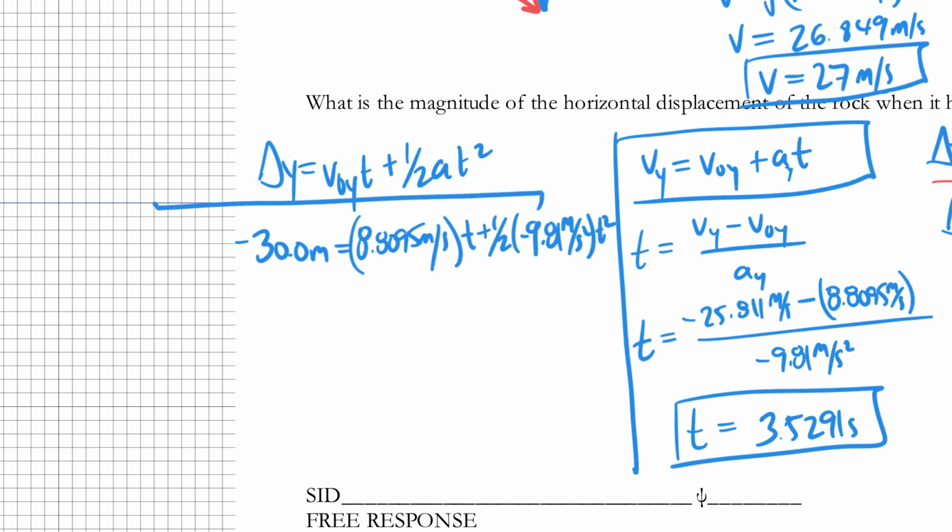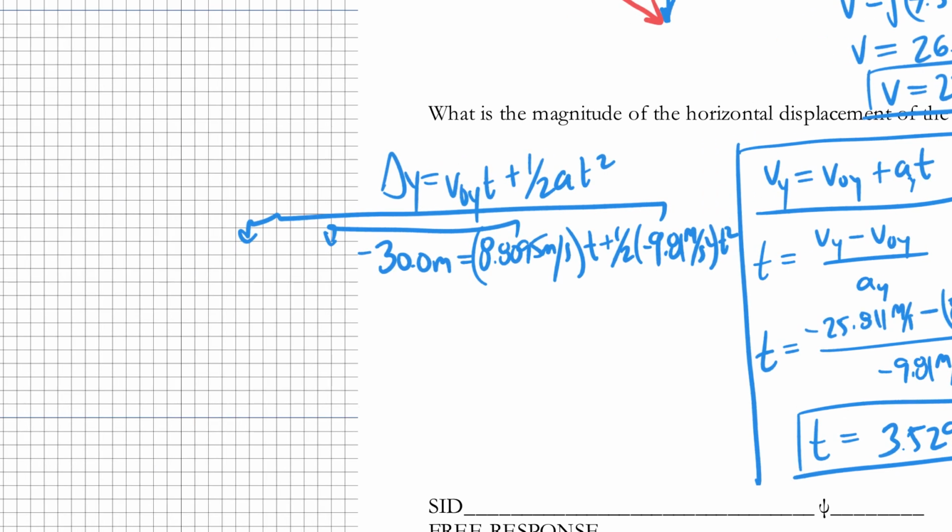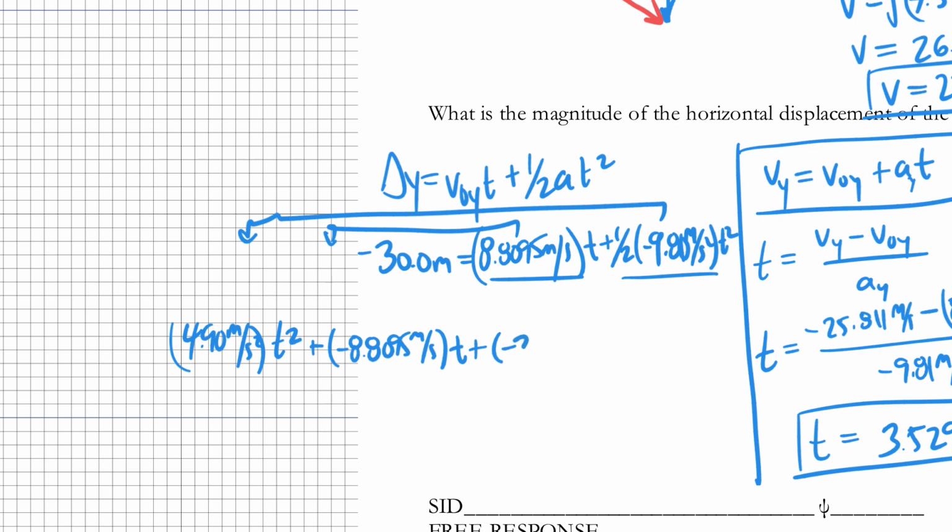The way you would do that is you would bring everything over to one side of the equation. In this case, this should be 9.80, right? So 1/2 of negative 9.80 would be 4.90, and that's negative, but we'll bring it over to the other side. So it'll be 4.90 meters per second squared times t squared, plus a negative 8.8095 meters per second times time, plus a negative 30.0 meters equals 0.